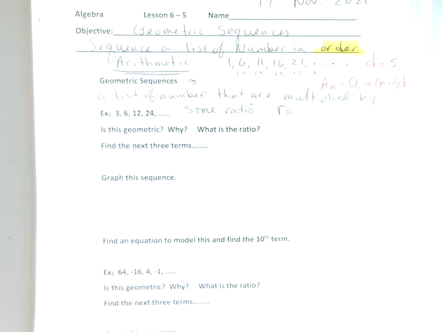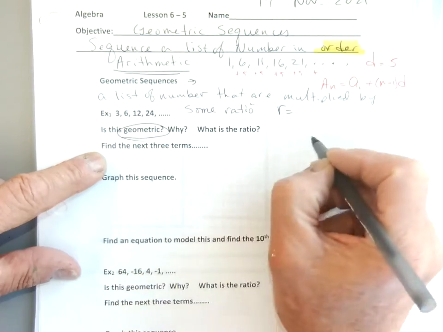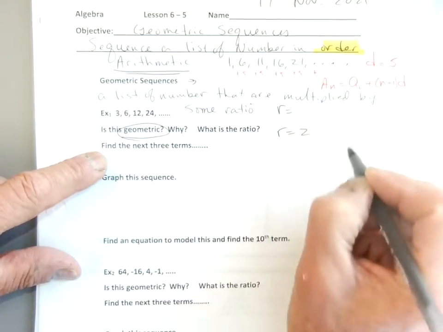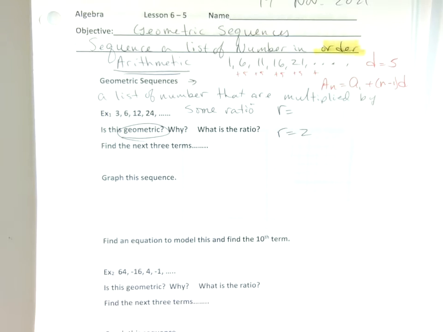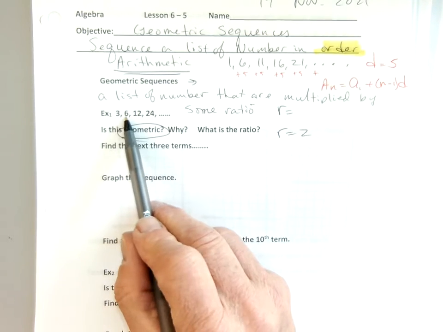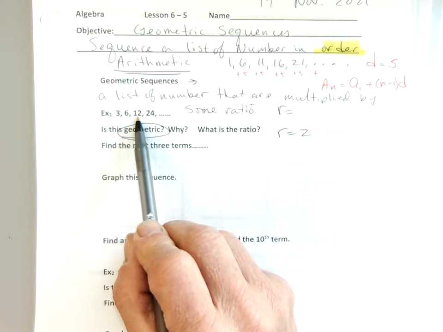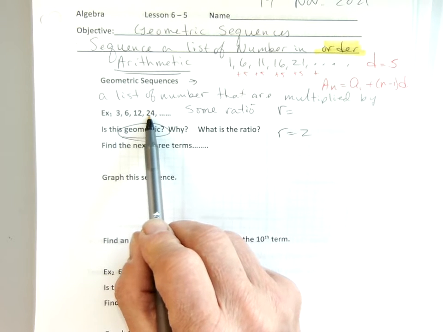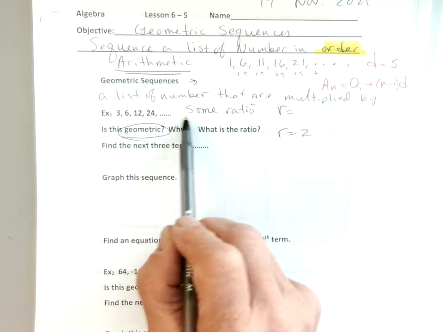So I agree, our ratio is 2. In example 1, it is definitely geometric, because our ratio is 2 and we're multiplying, okay? Just times by 2, times by 2, times by 2. It is geometric because we're multiplying by the same number.